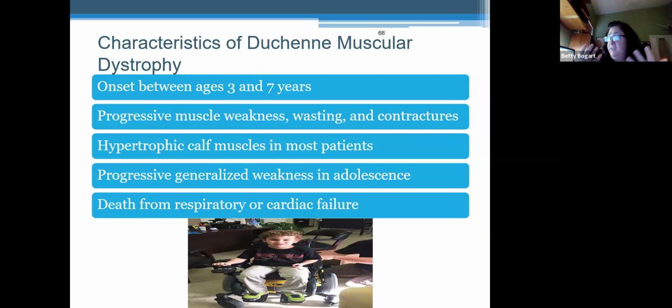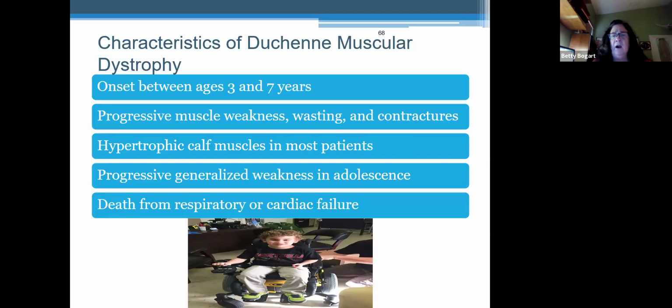Now, this child will be slightly delayed, maybe starting to walk, and then all of a sudden starts to fall down a lot, progressively getting weaker and weaker and weaker. His thighs are going to be hypertrophic, thighs and maybe even his upper arms, hypertrophic, like super big, okay?